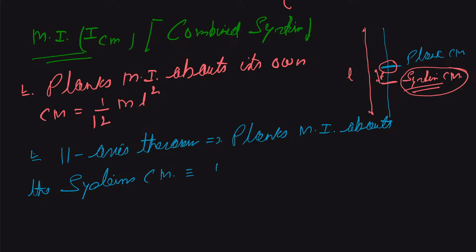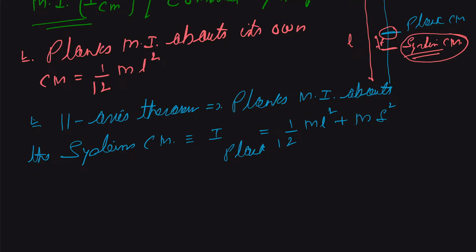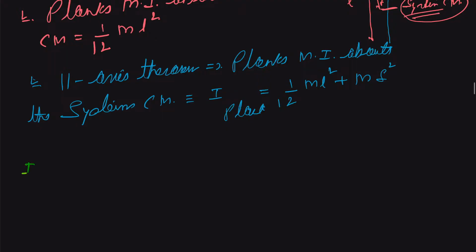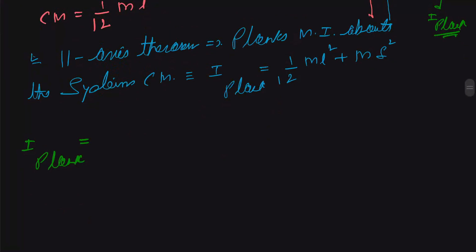So we can say the moment of inertia of the plank will be equal to the moment of inertia of the plank about its own center of mass plus mass times distance squared between them. We already know delta, therefore the moment of inertia of the plank will be equal to, okay, the plank is across this system, so this is our moment of inertia of the plank, and we substitute the values.